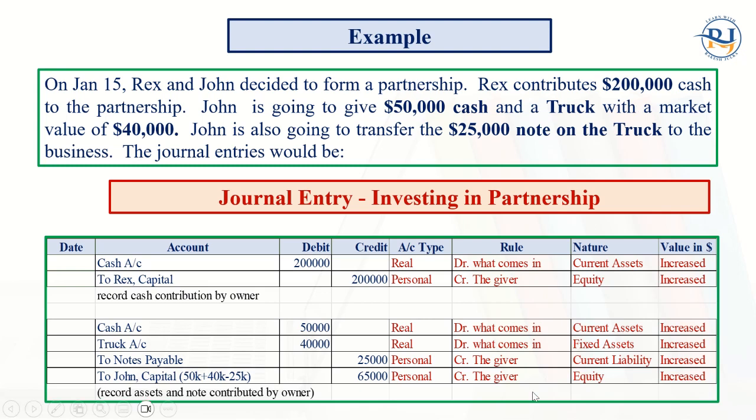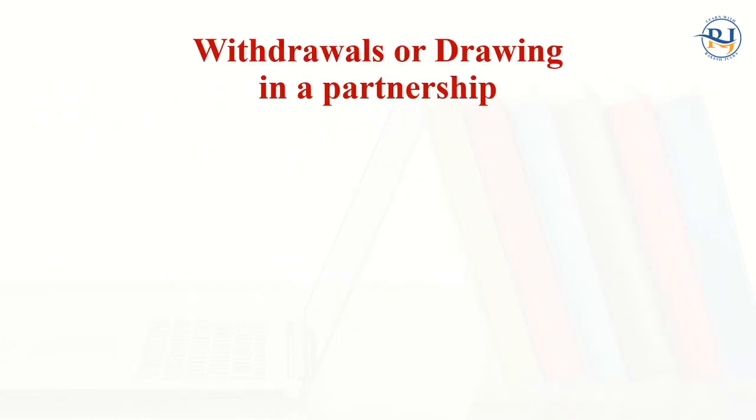So $40,000 will also be debited. Note payable, how much money is owed, or the mortgage or loan on the truck, that is $25,000. Practically speaking, John's capital is $65,000. He has contributed $65,000 and Rex has contributed $200,000 in the business.